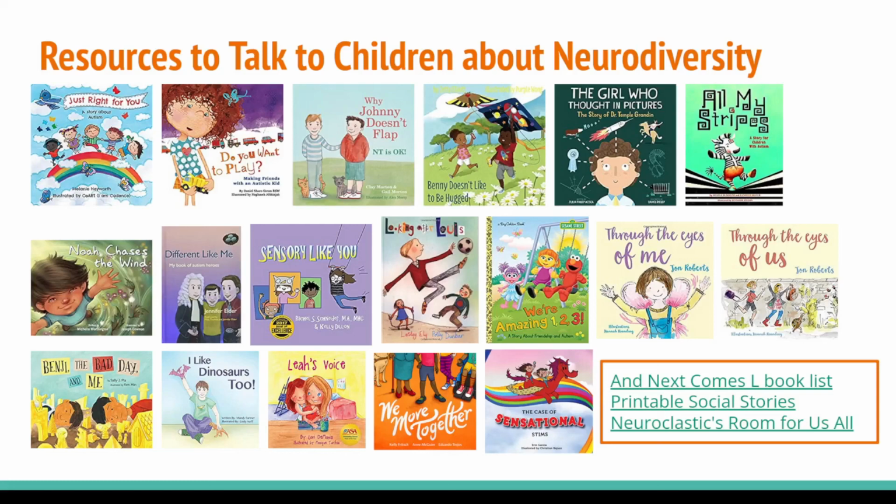I know that Passport Speech has a page on Teachers Pay Teachers, and she has some great infographics and presentations that you can use with older students or even with families that talk about neurotypical and neurodivergent communication styles and body language. So those are some great resources to get those conversations started.